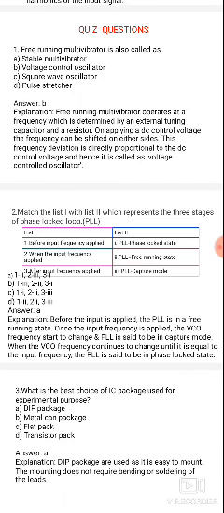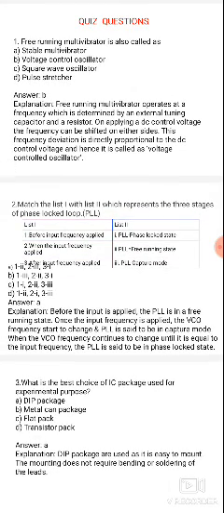On applying a DC control voltage, the frequency can be shifted on either side. The frequency deviation is directly proportional to the control voltage, hence it is called a voltage controlled oscillator.